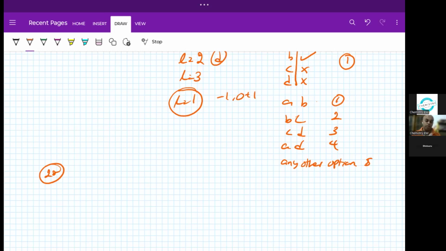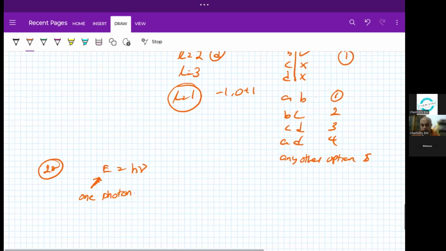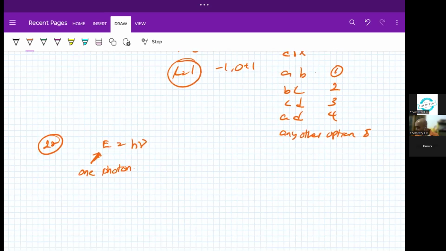Now we can simply say E equals h nu. This is energy for one photon. So let's calculate the energy of one photon. Try to understand my algorithm.